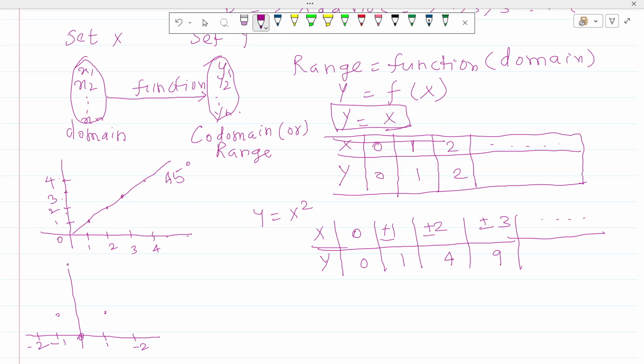In case you are drawing on graph sheet, easily you can draw. So if you join these points, you will get the parabola. The earlier one is the straight line. Based on the function, you will get the shape. It is a parabola.